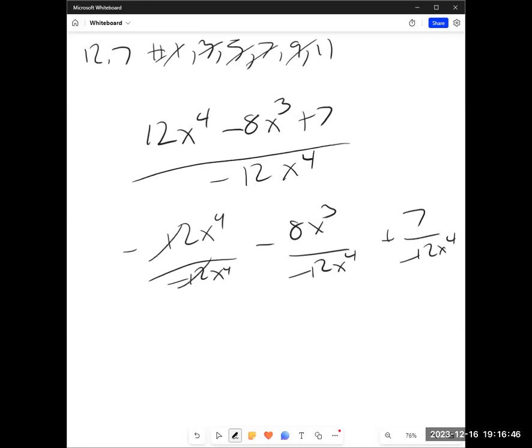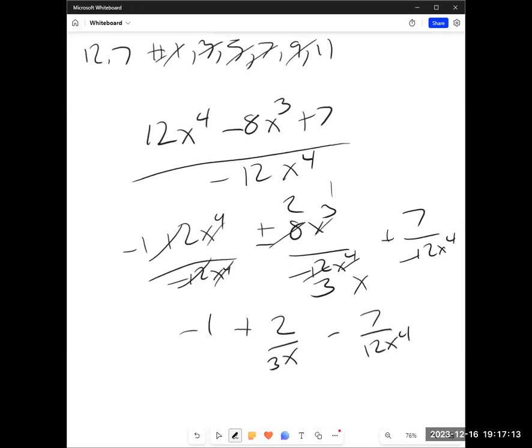That's going to give me a negative 1. Then this is going to be 2 and 3 positive because I divided them both by negative 4. So this is 2 over 3x. And then this is going to be a negative 7 over 12x to the 4th.